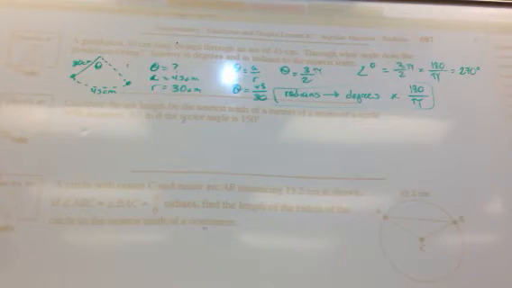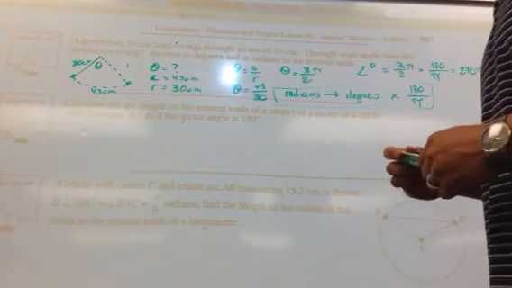All right, let's look at example number 8. Calculate the arc length to the nearest tenth of a meter of a sector of a circle with diameter 9.2 if the sector angle is 150 degrees. The first thing I want you to do is draw a picture.